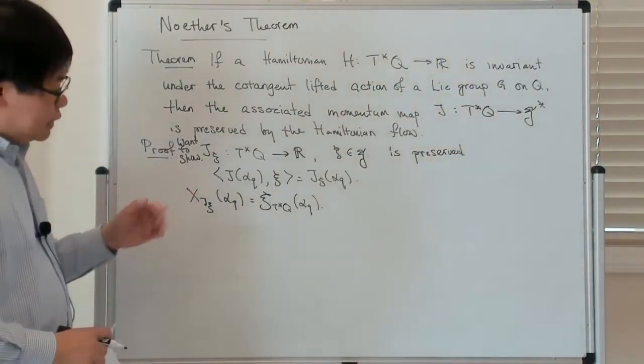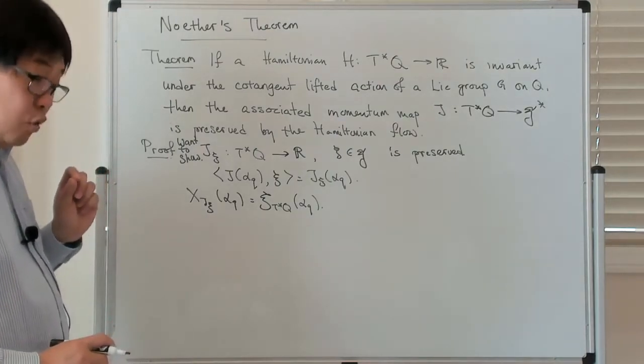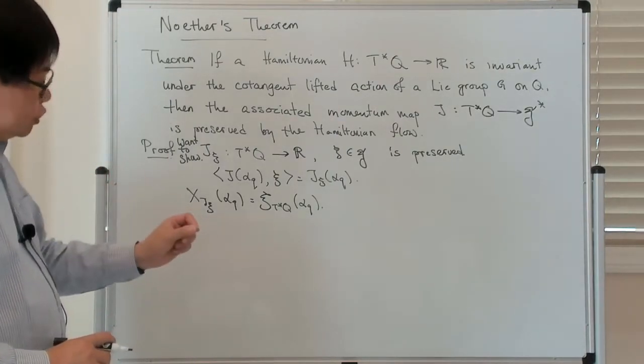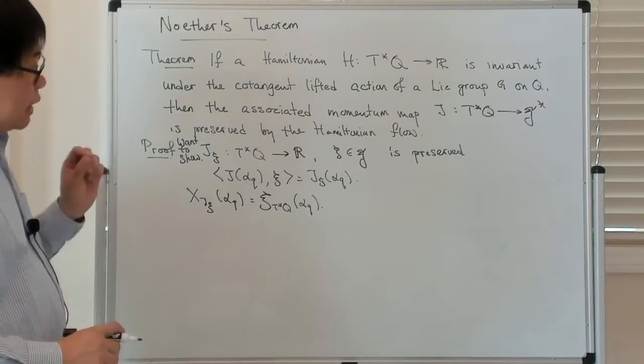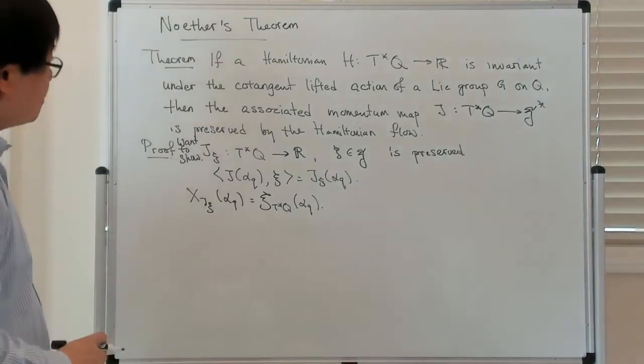What that more or less says is that the orbit which goes through a point alpha_Q is generated by this Hamiltonian vector field.